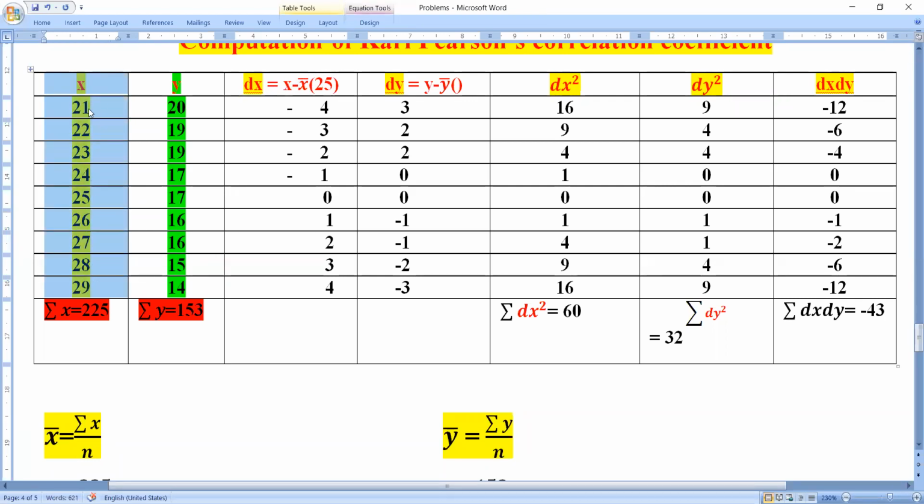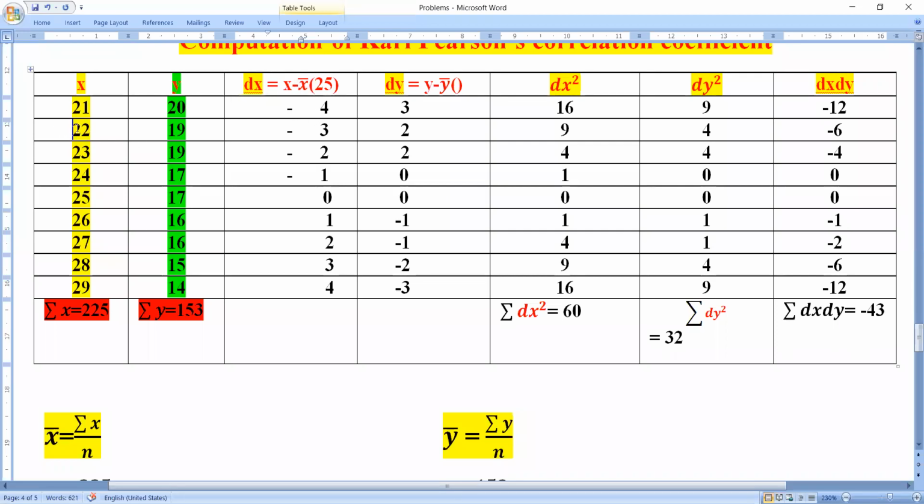What is the x series value? 21. 21 minus 25, how much do we get? Minus 4. Why? Because when we subtract x minus x bar, the x value 21 is smaller than the mean 25, so the symbol is minus.